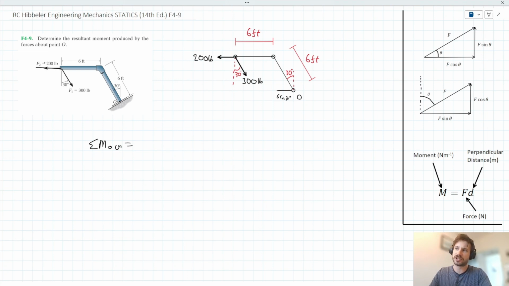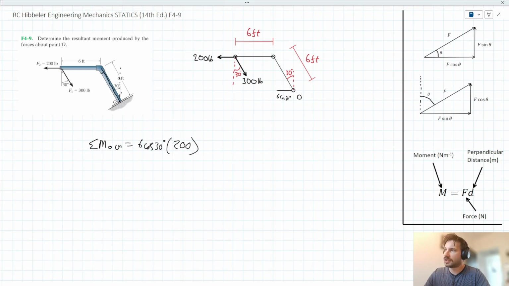The first obvious one is F2, this 200-pound force. The perpendicular distance there is going to be the vertical component of this 6-foot section, which, based on what I described earlier, we could say is 6 cos 30. That's our perpendicular distance, and that's going to be multiplying our 200-pound force.